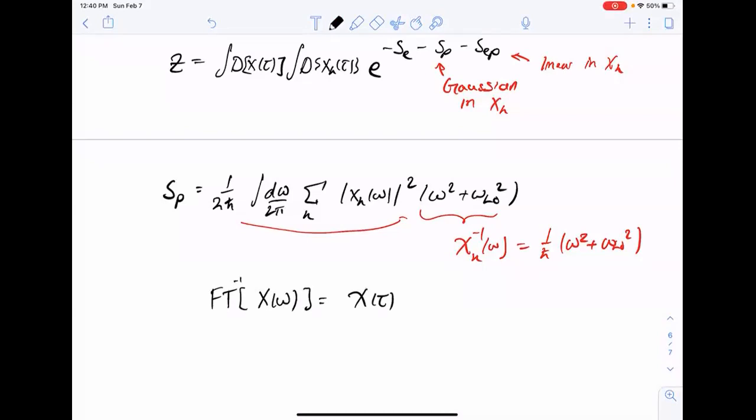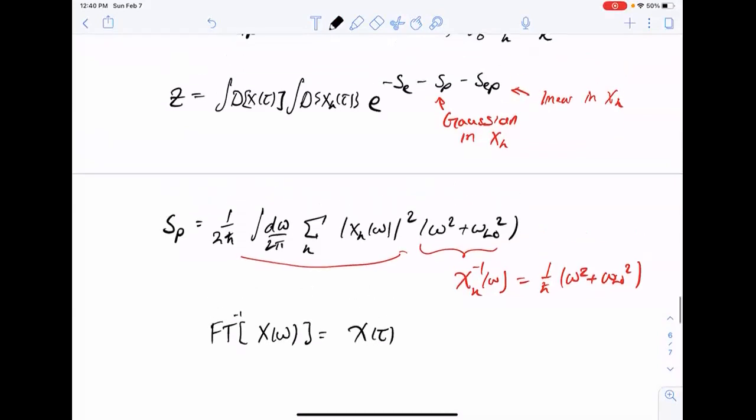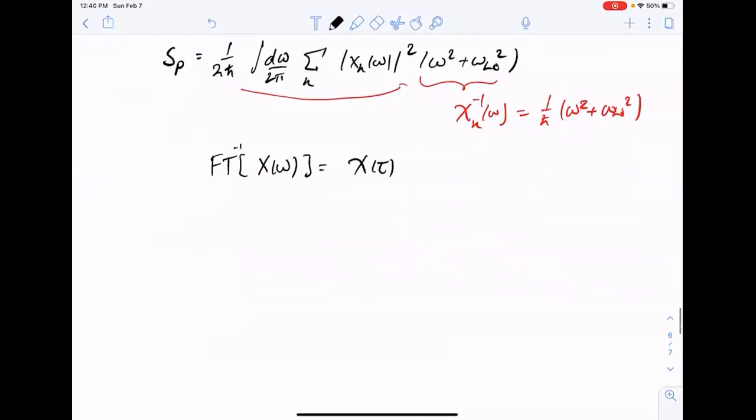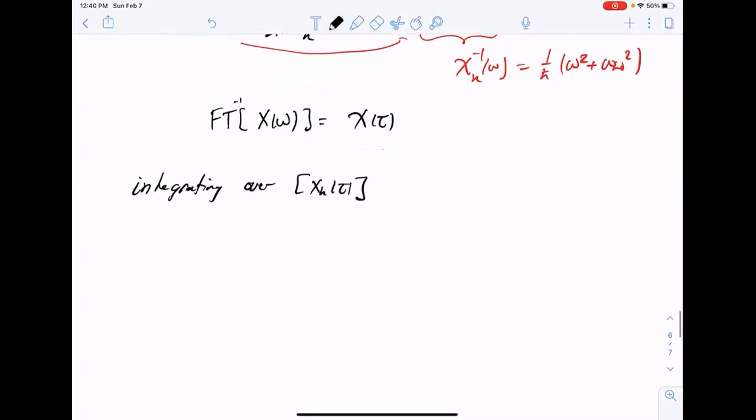That then is the correlation function that would enter in after I do the Gaussian integrals associated with the phonon variables. So integrating over that set of phonon variables, we would get the quantum partition function.